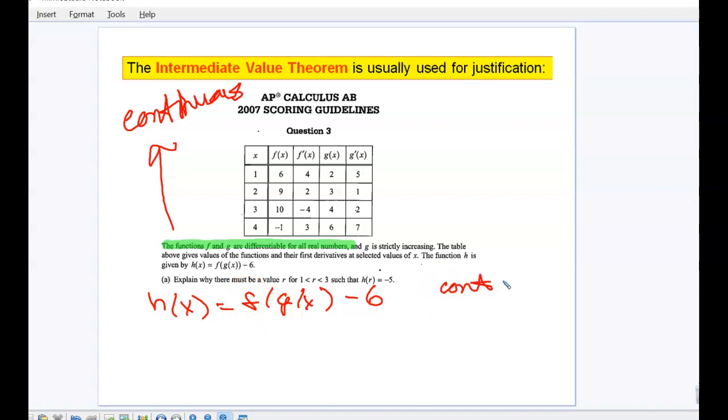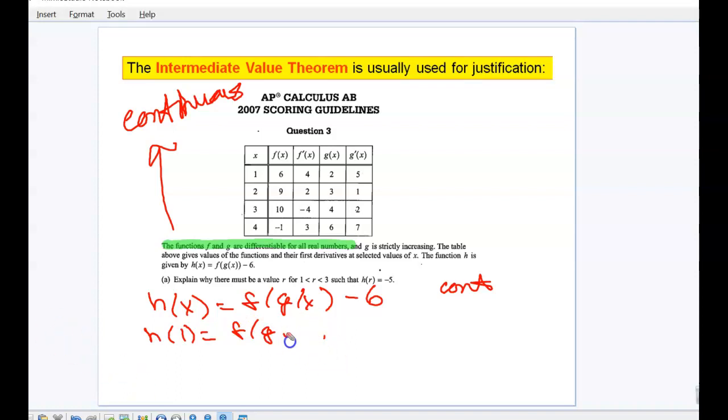And we want to explain why there must be a value r, which is really an x value, between 1 and 3, such that the value of the function takes on -5. So the first thing, again, I have to do is calculate h(1) and h(3). So h(1) is f(g(1)). It's kind of messy there, sorry.